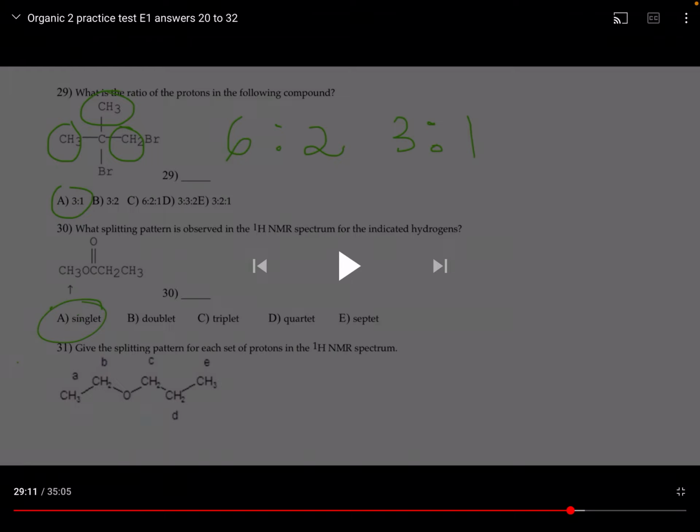But in this molecule you have a methyl group CH3 and next to it is oxygen. So through oxygen no coupling takes place. As a result, the 3 hydrogens in that methyl group will give you a singlet, since it's not going to be split by any other hydrogens.